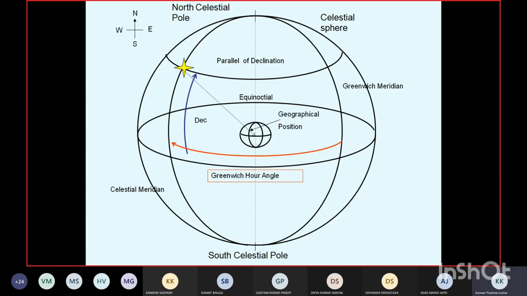So now I have successfully brought the body down onto the earth and I have a reference point. I may be at any point on the earth as an observer, and from there if I am able to measure this distance and the angle, I will be able to get my position.